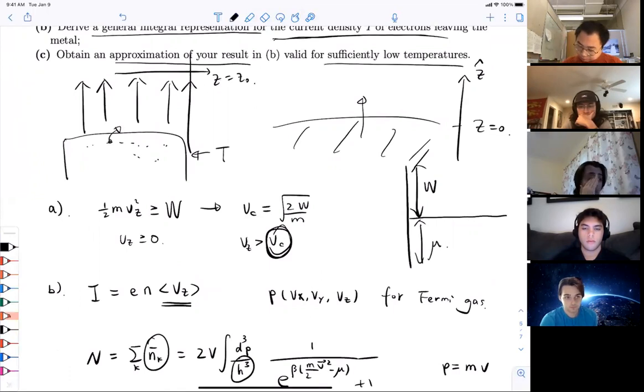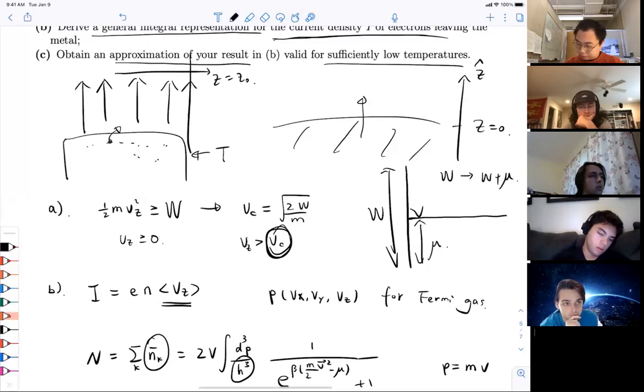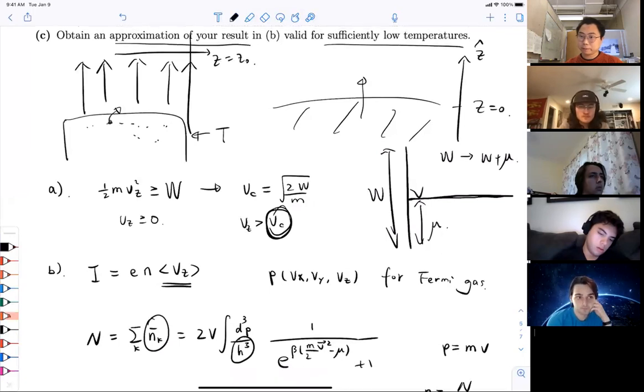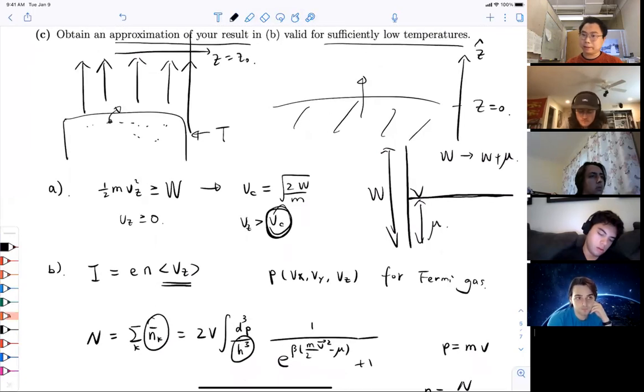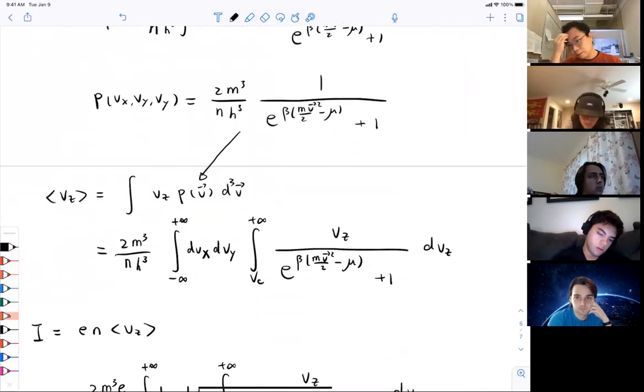If you say the W is the whole thing, then you just need to shift W to W plus mu, right? Then the mu cancels out. It depends on the problem, whether this W is the whole thing or just the energy from the Fermi surface to the outside. The whole idea is the same. Any other questions?